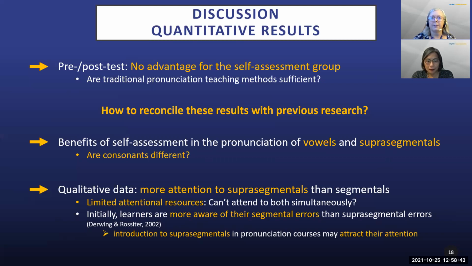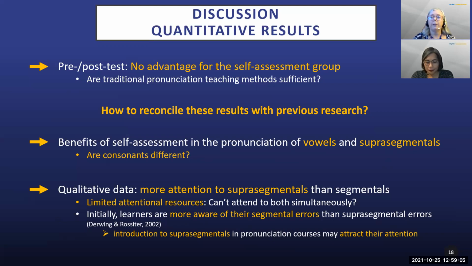Are consonants resistant to improvement through self-assessment? Maybe not. As previously mentioned, comments from the interviews indicated that students tended to pay more attention to suprasegmentals than to segmentals. Thus, it may be that learners cannot attend to both due to limited cognitive resources.